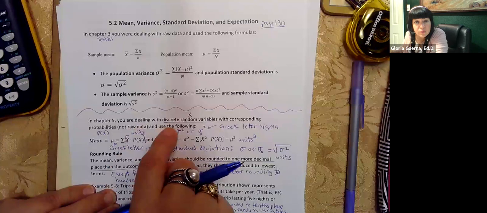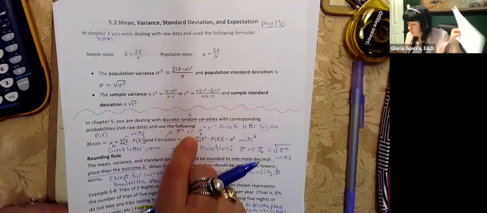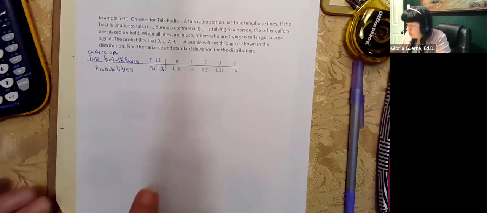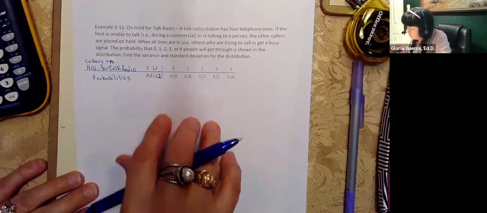So these are discrete random variables, okay?